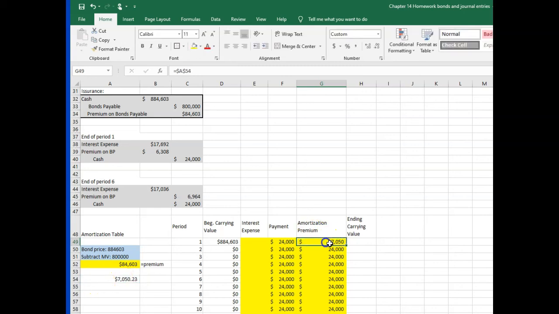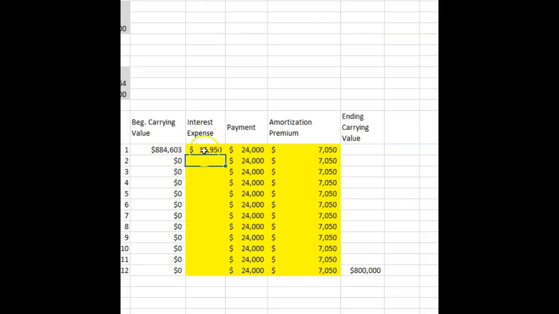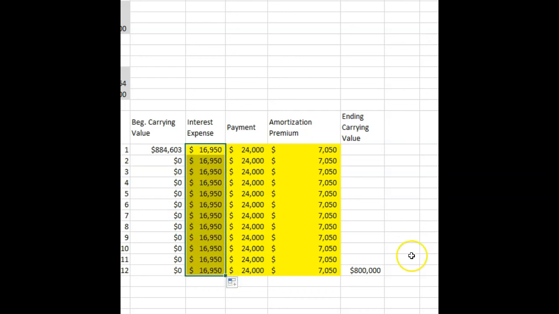All right, so it'll be the same every single time. All right, so the payment always is $24,000. Well, interest expense is the difference between those two. So just going to simply do this. I'm going to drag this down, and so that ends up being there.